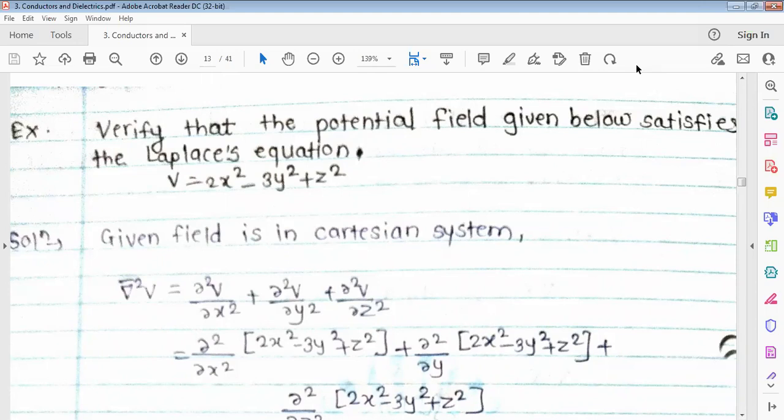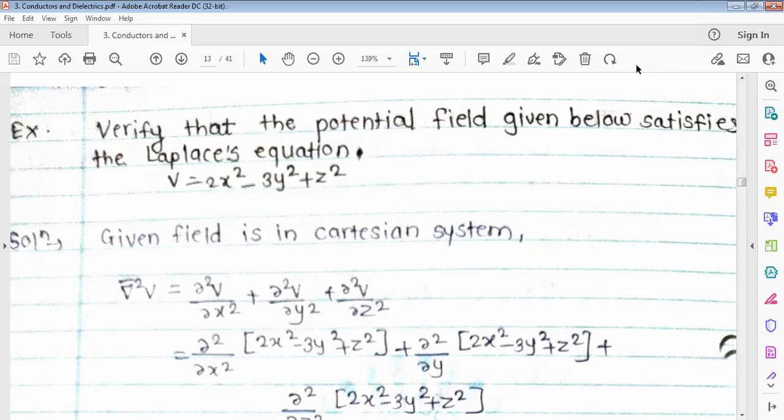But which coordinate system is used? For which coordinate system do we have to apply this formula? Here the potential is given as V is equal to 2x square minus 3y square plus z square. x, y and z coordinates are there, meaning it is a Cartesian coordinate system.